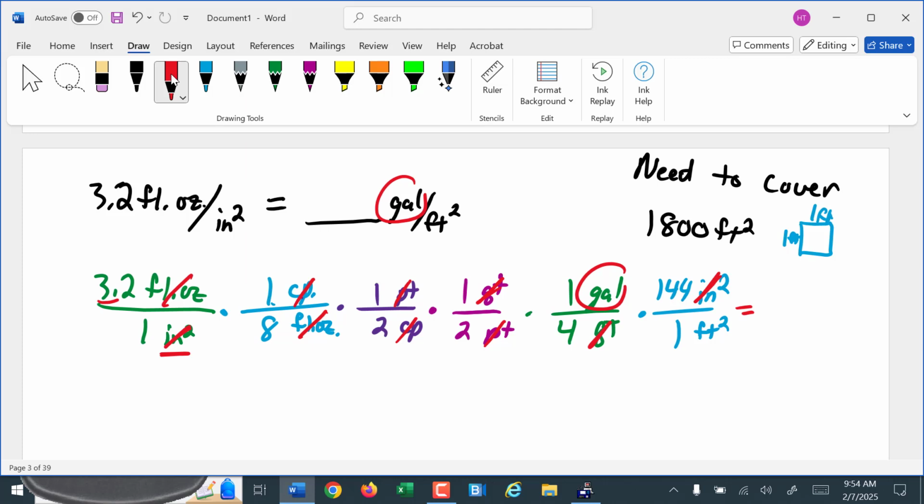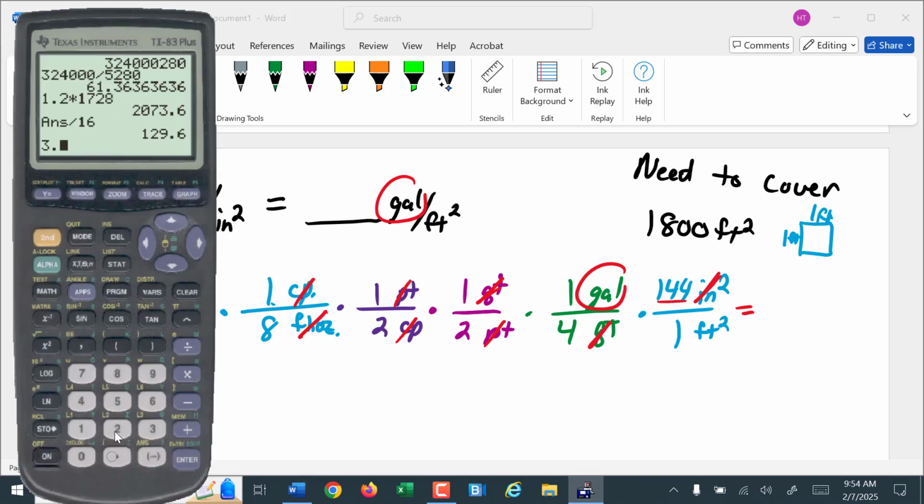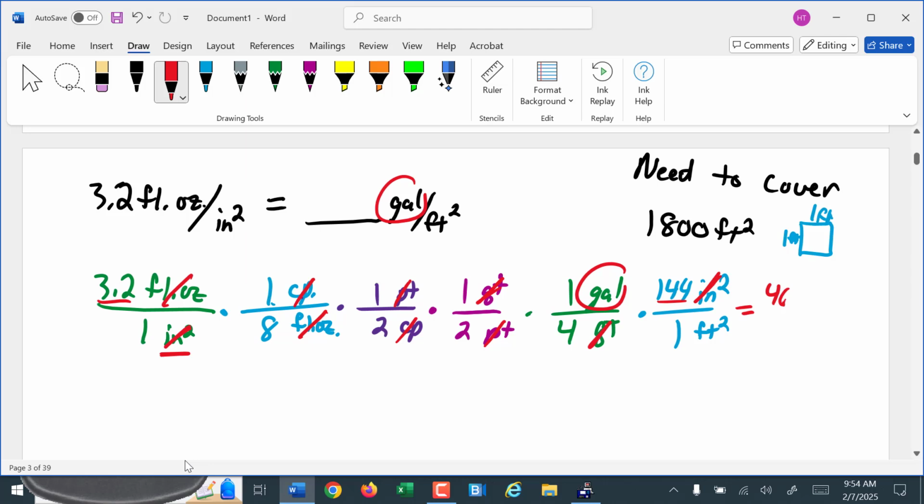So on top here, we have 3.2 times 144. Give us 460.8. And the only unit left on top is gallons. On bottom, we have some multiplying to do. 1 times 8 times 2 is 16, times 2 is 32, times 4 is 128 square feet.